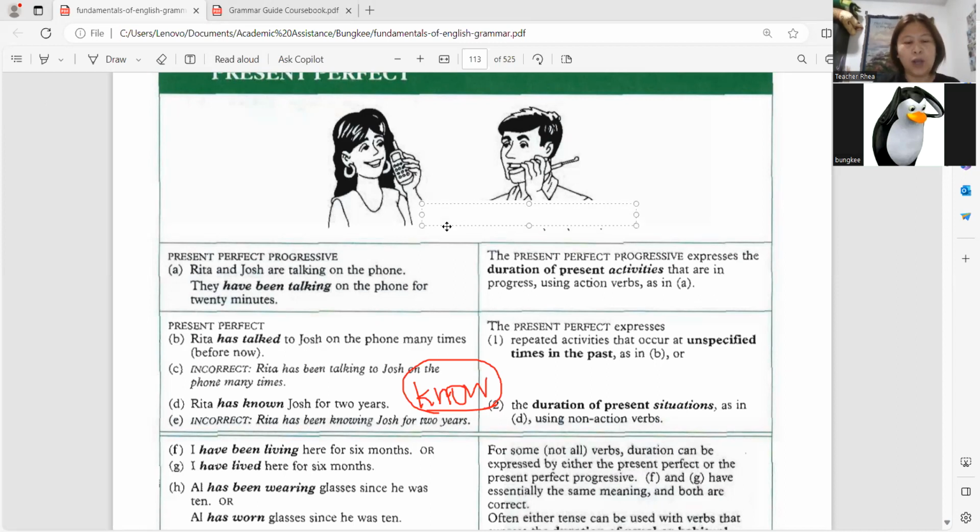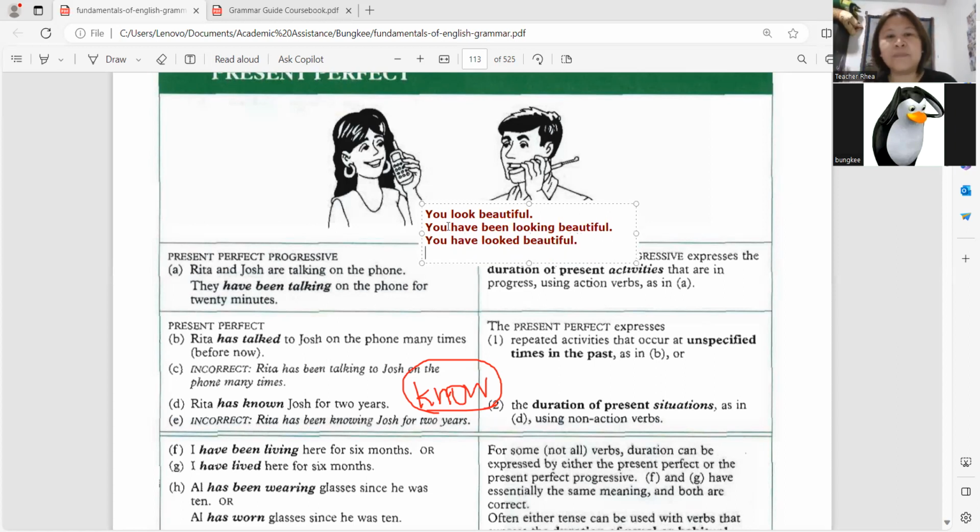So when I use look, for example, in this example: you look beautiful. And you have been looking beautiful. And you have looked beautiful.